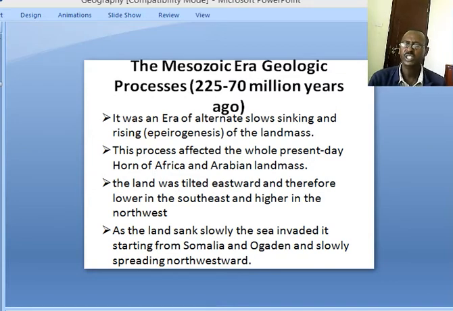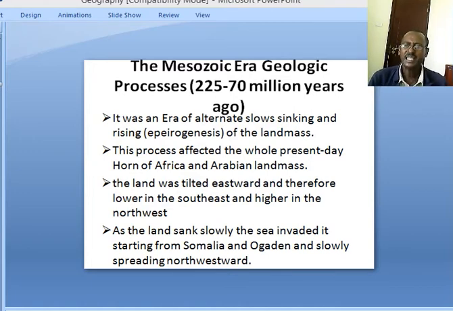This process affected the whole present-day Horn of Africa and the Arabian landmass. The land was tilted eastward and therefore lower in the southeast and higher in the northwest because of slow sinking.